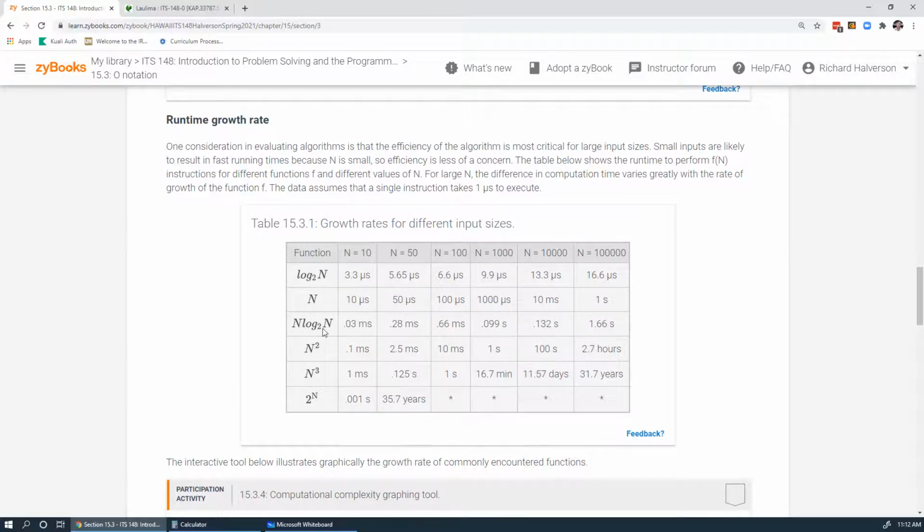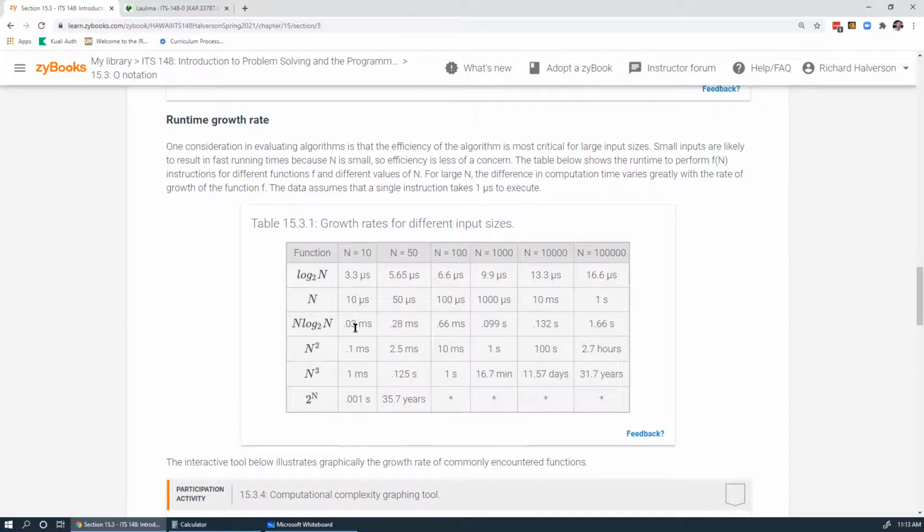For n log n, and these are the good sorting algorithms. The good sorting algorithms are n log n. It's a little bit more than n. From 10 to 100, it's more than 10 times.